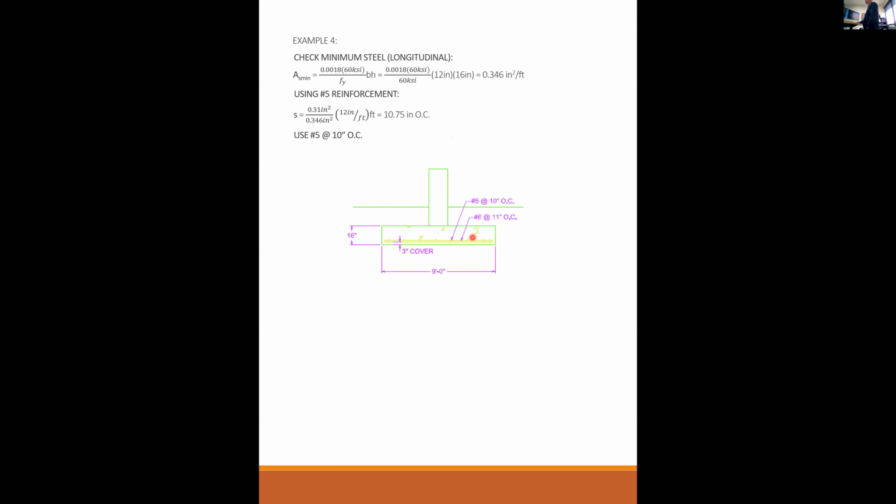The longitudinal bars, the number 5's at 10, are not required for any flexural demand. They're just required to satisfy temperature and shrinkage. So since those don't really matter, put those on top. So the 3-inch cover is to whatever bar is lowest. That's going to be the number 6's at 11. And then the bars on top of that, the number 5's at 10, are just on top.